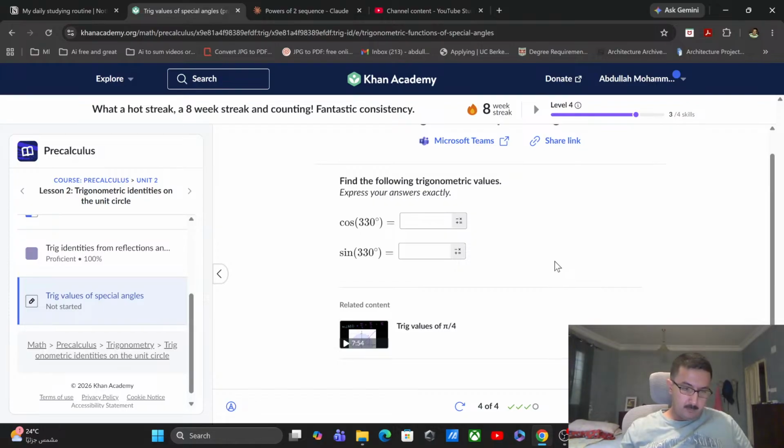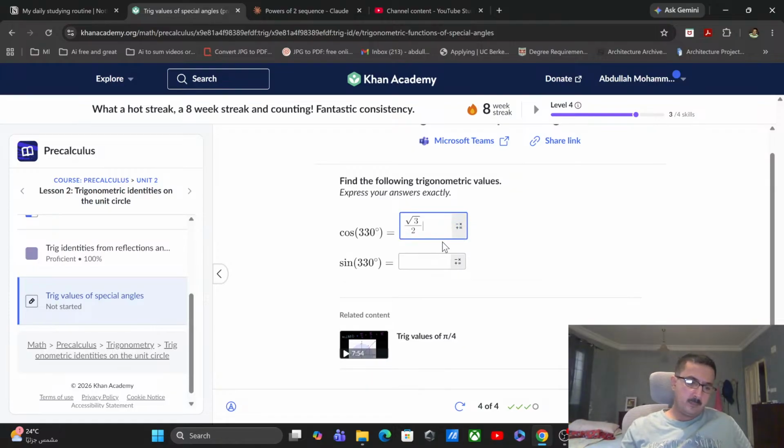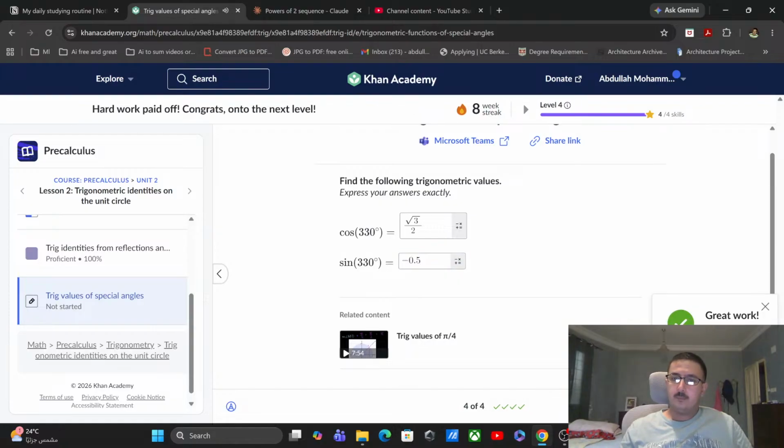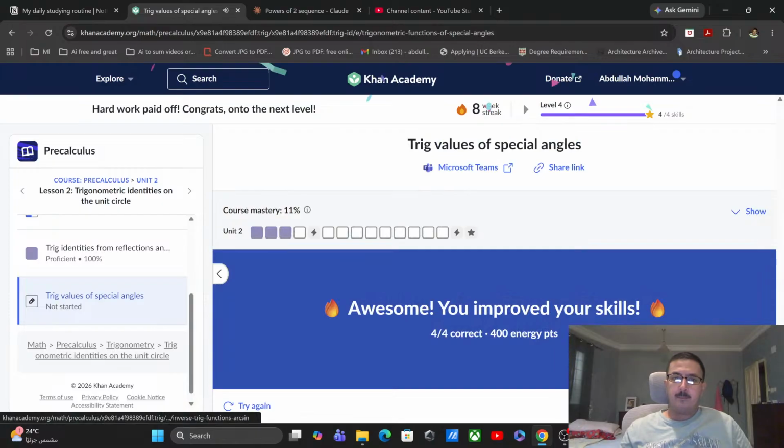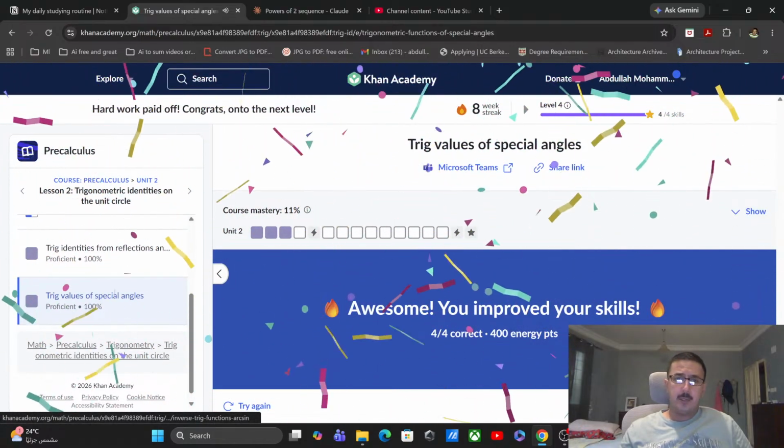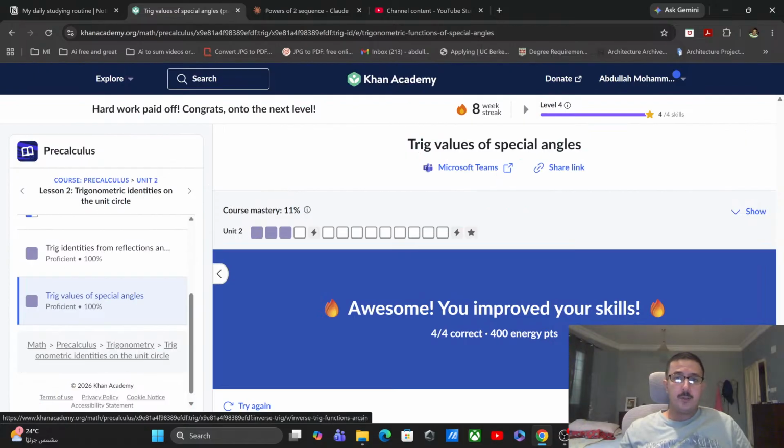Degrees cosine 330 sine 3 minus f. I am not gonna memorize this. So lesson 3, I don't think so.